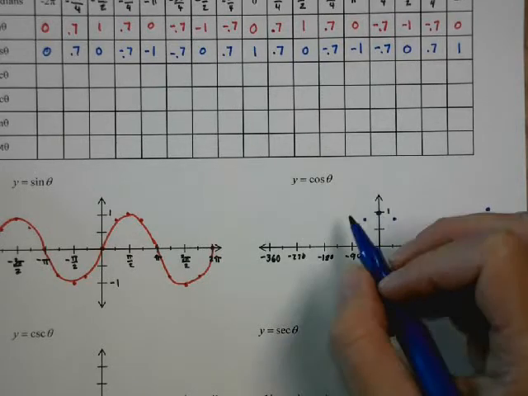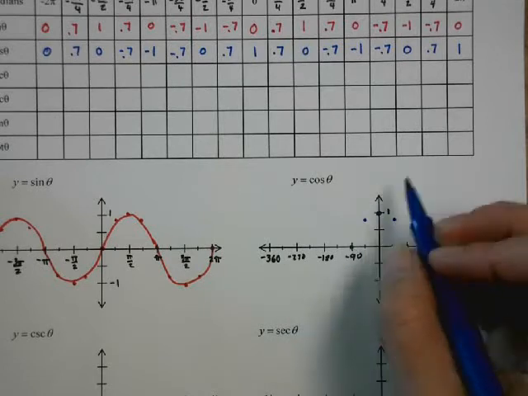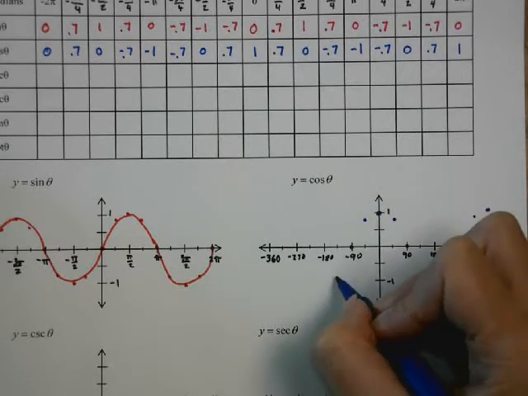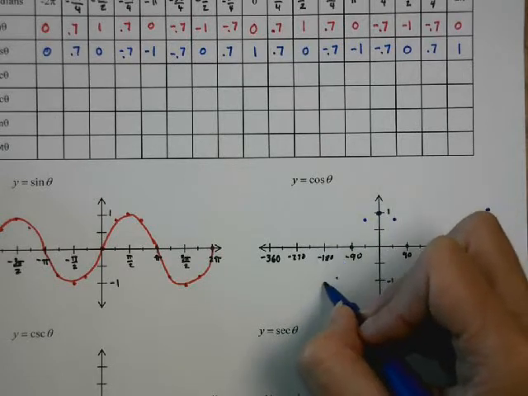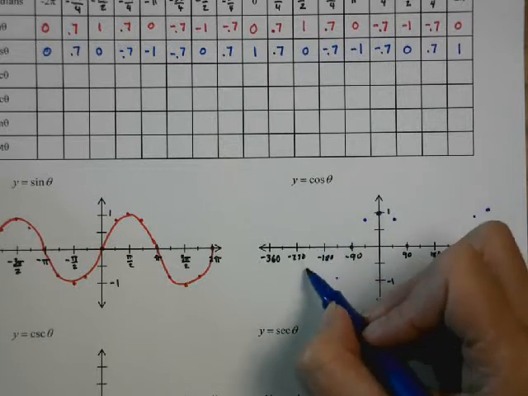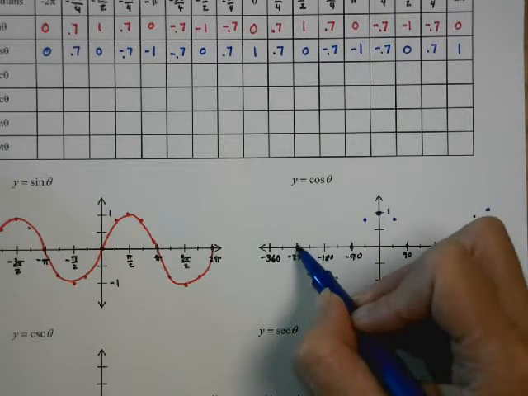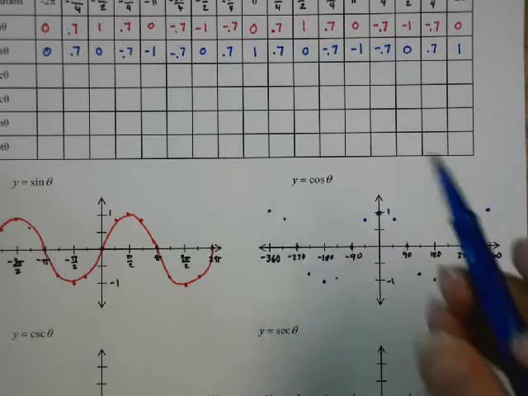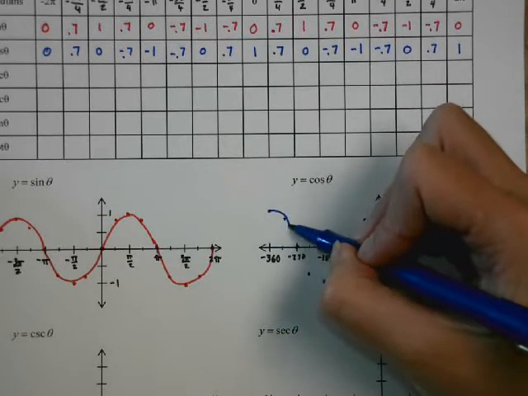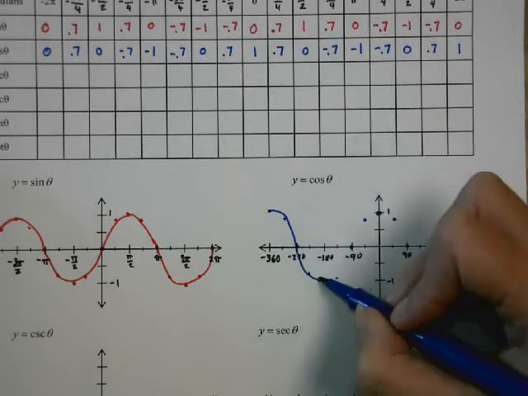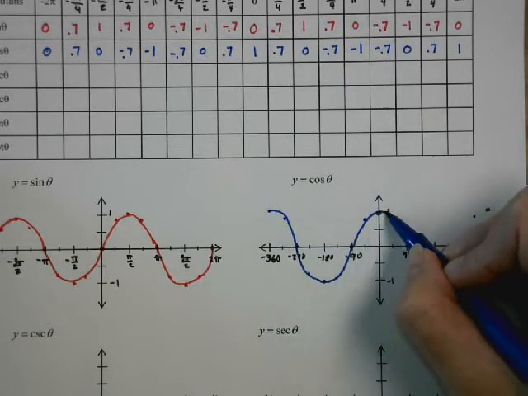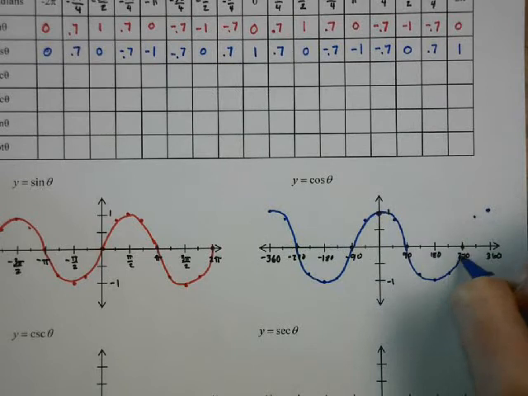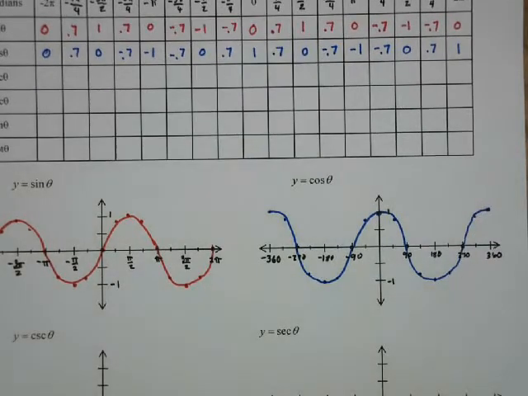Backtrack. 0.7, 0, negative 0.7, negative 1, negative 0.7, 0, 0.7, and 1. All right, so we get this nice cosine curve.